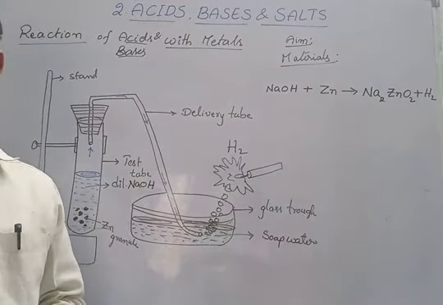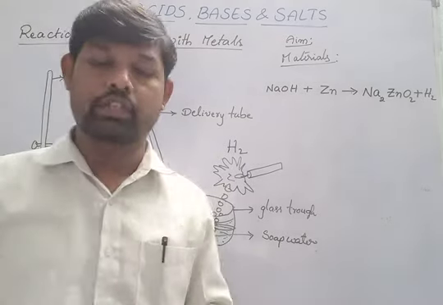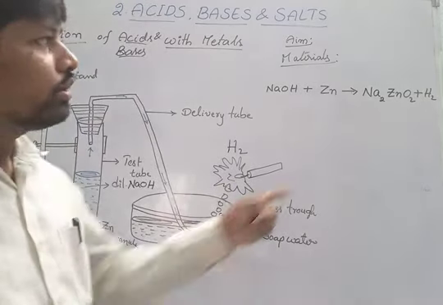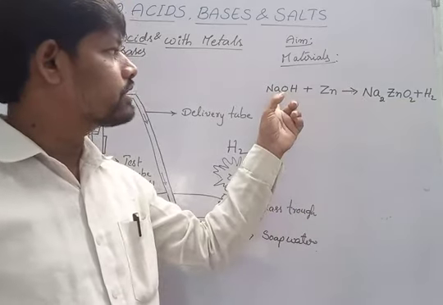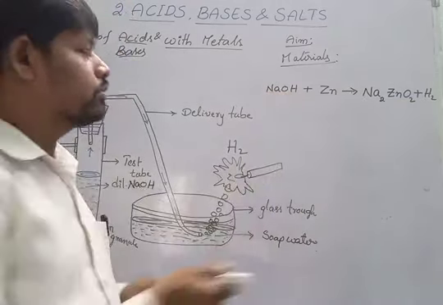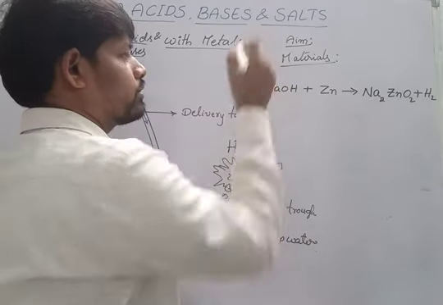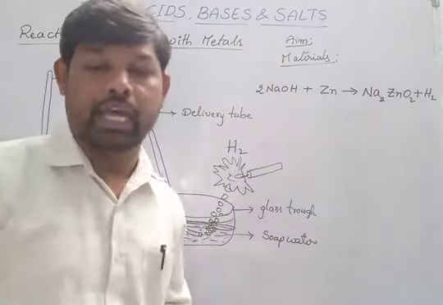Now we have to check whether it is balanced or not. Here Na2 is there and O2 is there. On this side it is Na1, and O is also 2. Okay, now it is balanced.